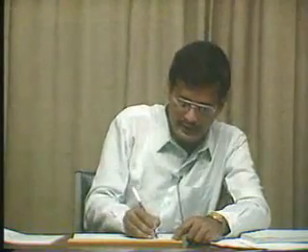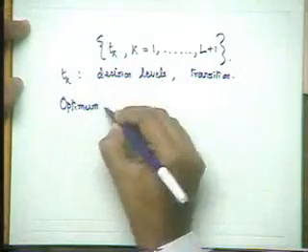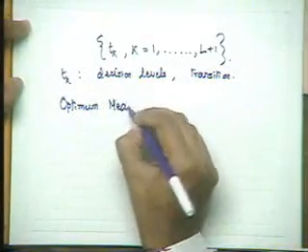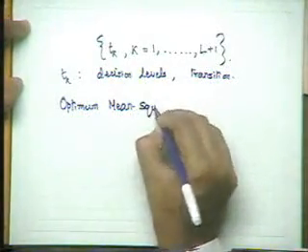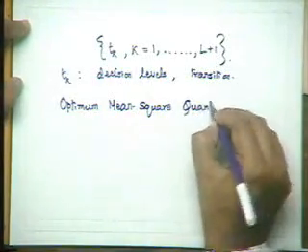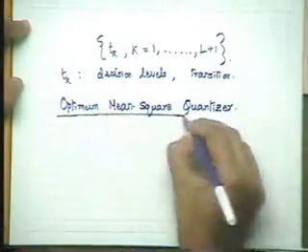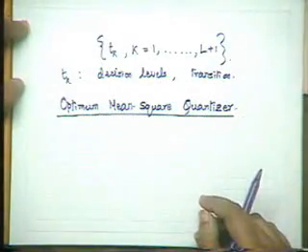Now we will see the expression for the optimum mean square quantizer. So we are now going to study an optimum mean square quantizer. What is meant by mean square over here?